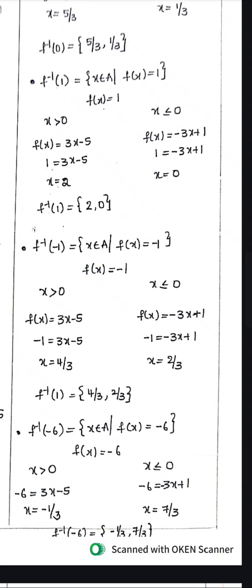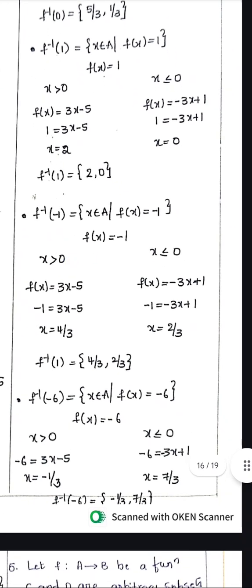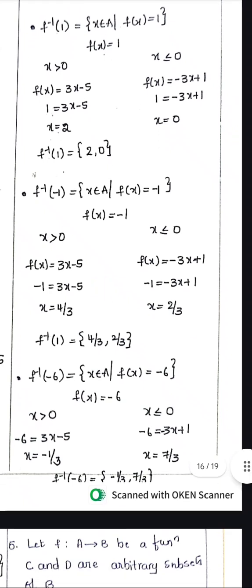But here in f inverse of 1, 1 equals 3x minus 5. For x greater than 0, x is 2. Yes, it is allowed. For x less than or equal to 0, minus 3x plus 1 equals 1, so x is equal to 0.